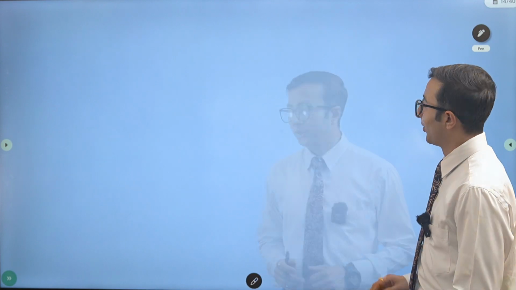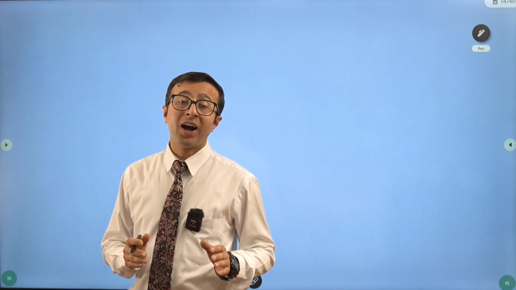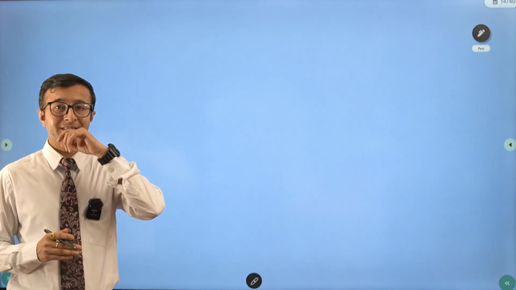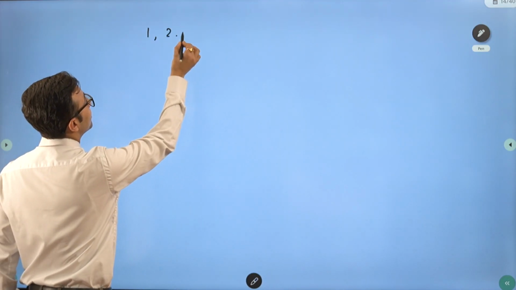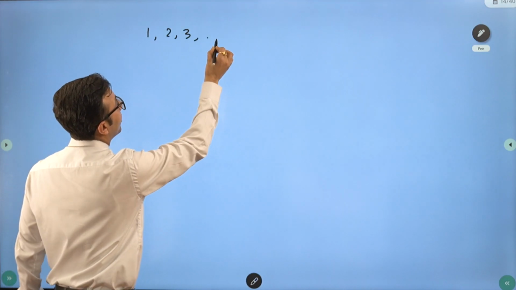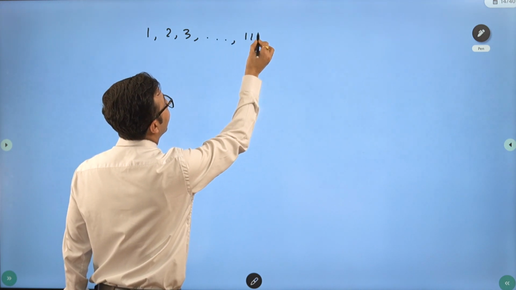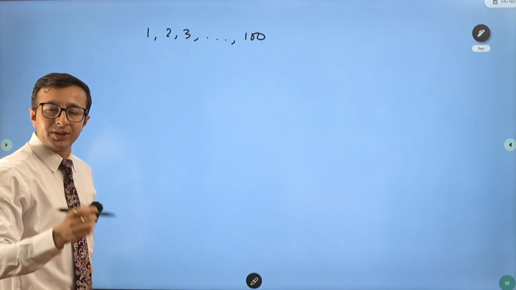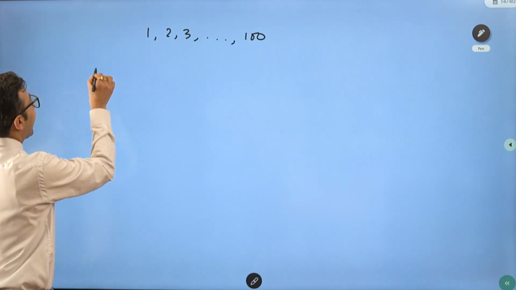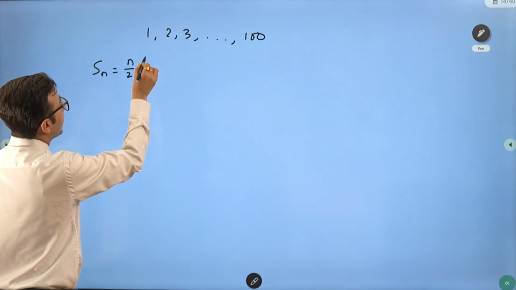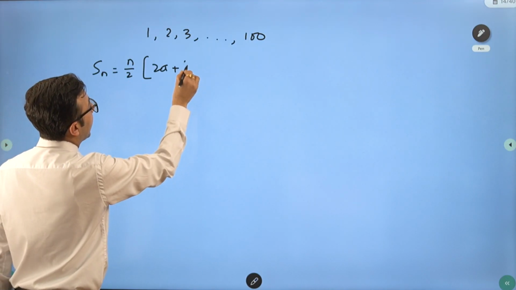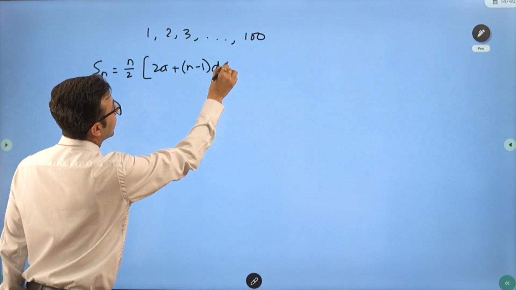I want to tell you one thing: how to find the sum of the first 100 natural numbers, 1, 2, 3 and so on. You want to add till 100. If you use the formula, Sn, there are 100 terms, and this formula is n divided by 2 into 2a plus n minus 1 d.